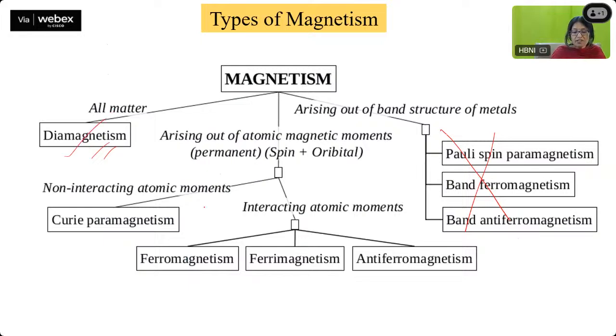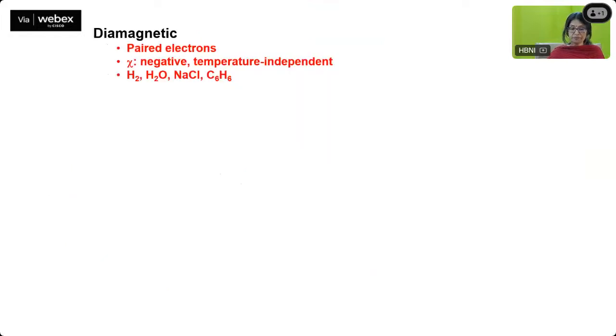But what we are more interested in is this, which is arising out of the atomic magnetic moments, which is permanent, spin and orbital. So in one you have non-interacting atomic moments, which is the Curie paramagnetism, whereas the other you have is the interacting atomic moments. So you have ferromagnetism, you have ferrimagnetism, and you have antiferromagnetism. So this is what we will be totally discussing about. We'll talk a little bit about ferromagnetism, ferrimagnetism, as well as antiferromagnetism.